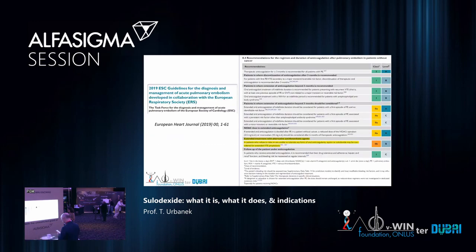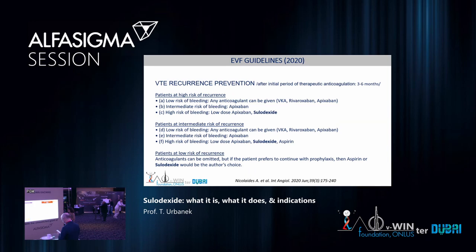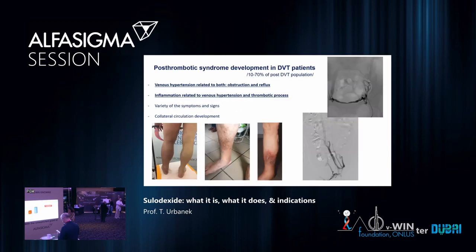This indication we can now find in some guidelines, like the European Society of Cardiology guidelines from 2019 and the European Venous Forum guidelines published in 2020, where we also see sulodexide in this indication.